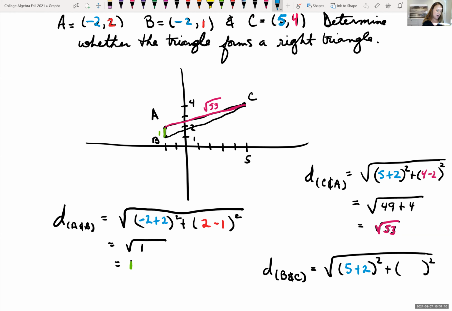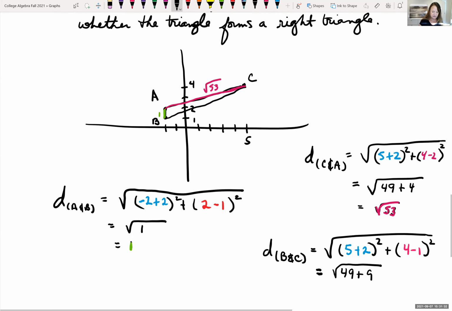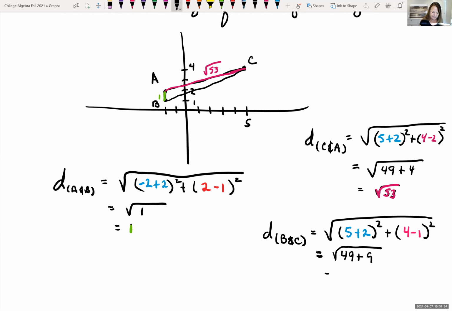And change in my Y, so 4 minus 1. So we got 5 plus 2, that's 7. 7 squared is 49, plus 4 minus 1, that's 3, and 3 squared is 9. So this is equal to the square root of 58.